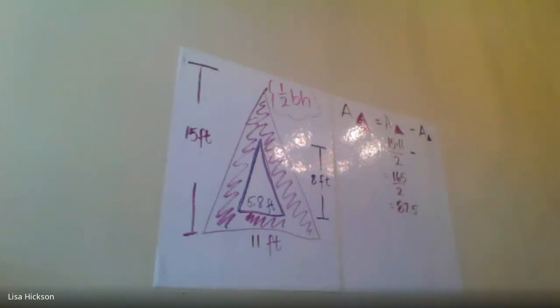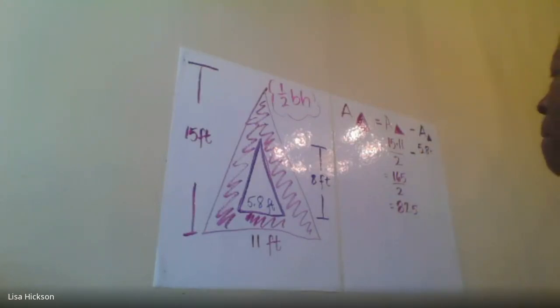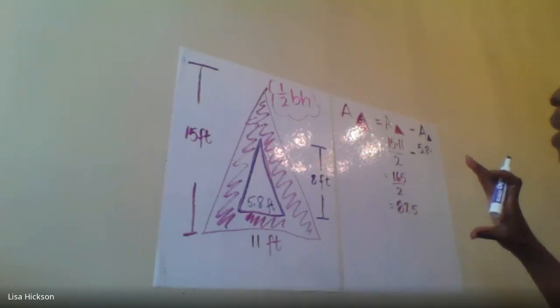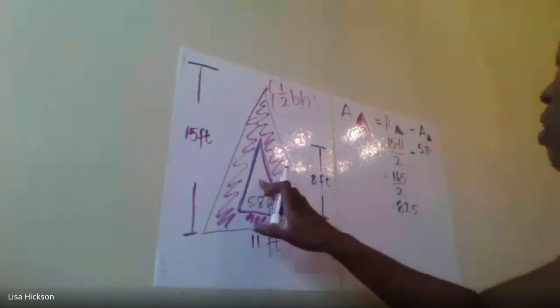What's the formula you used? 5.8 times what? What's the height? What's the height of the little one?